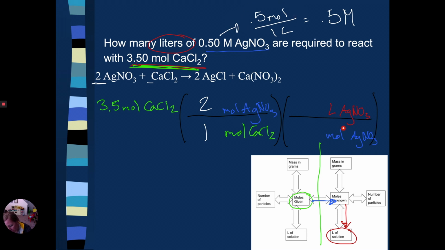So in my fraction here, since mole is on the bottom, that 0.5 needs to go on the bottom, and then the 1 goes on the top. So since the mole got flipped, the number needs to get flipped as well. Okay, plug that into my calculator, and I get 14 liters of AgNO3. There you go. Okay, let's try the next one.